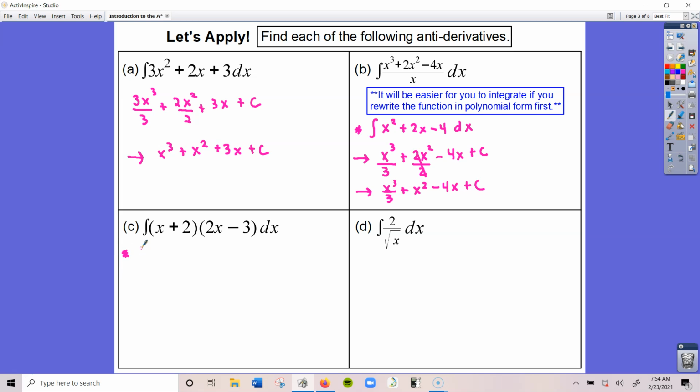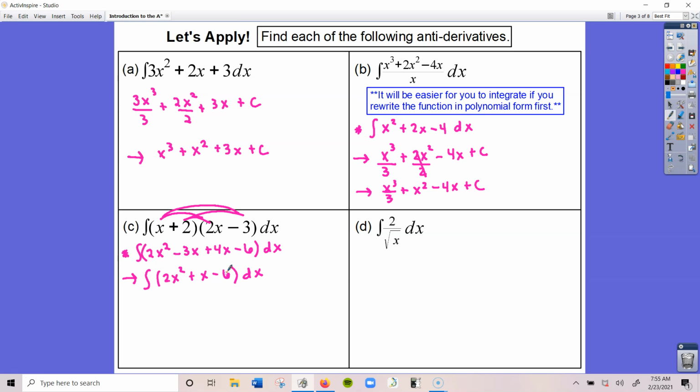So let's do that. We're going to distribute the x first, which would be 2x squared minus 3x. Then distribute the 2: plus 4x minus 6 dx. Combine like terms, we get the integral of 2x squared plus x minus 6 dx.